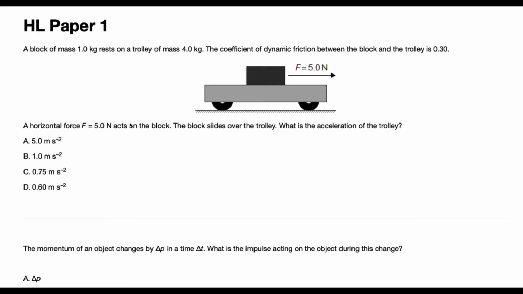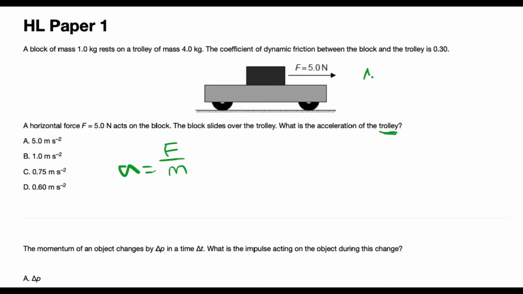So this question is testing Newton's law. Acceleration is equal to net force over the mass of the object. To solve this problem, we need to find the net force on the trolley. We know this is a block, and the block receives a force of 5 Newton, and at the same time also receives a force of friction.